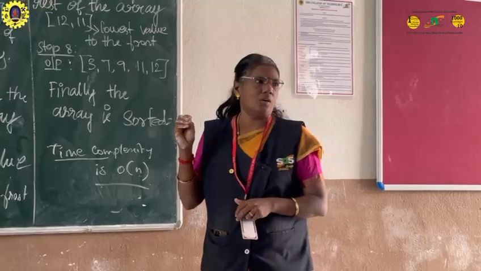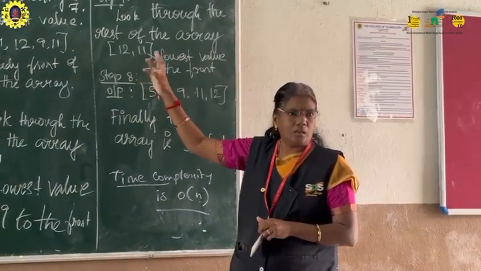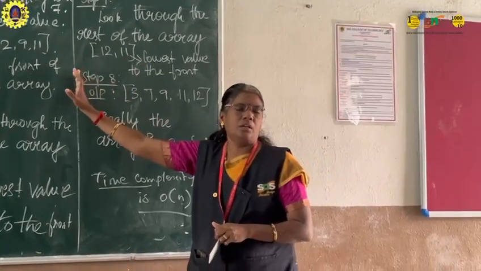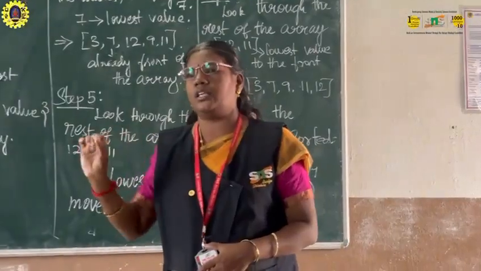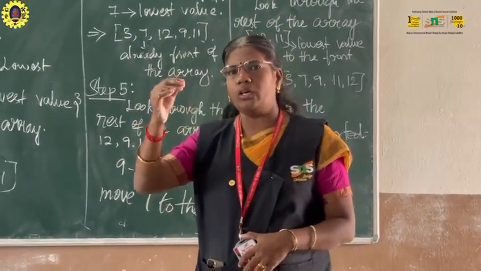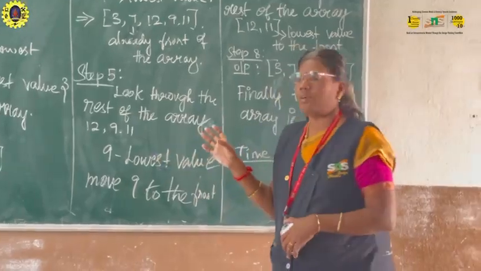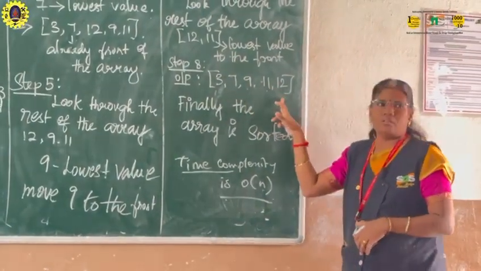The lowest element is 11, which is at the end of the array, so we move it forward. The front of the array will be arranged in ascending order from the lowest element onward. So we get 3, 7, 9, 11, 12.